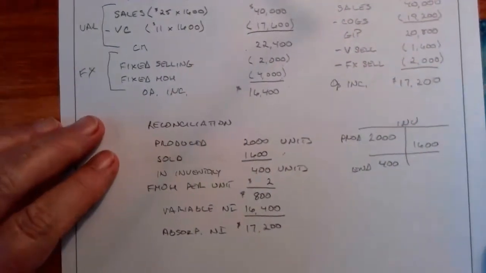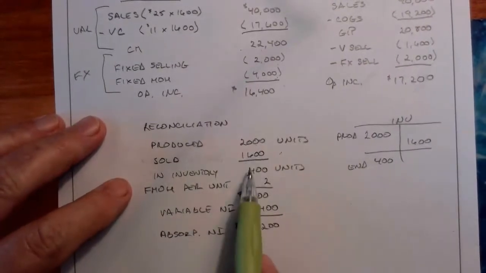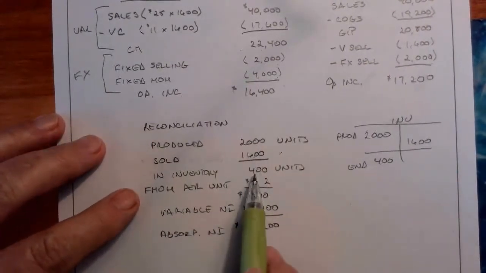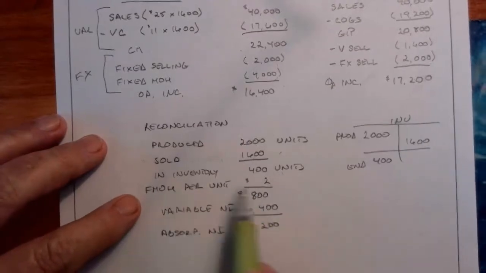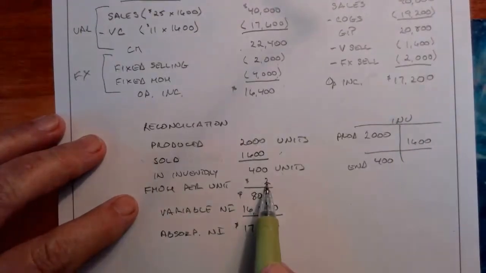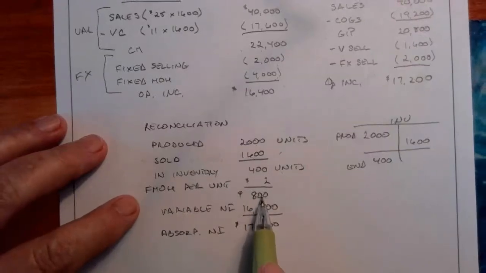Okay, so now let's take a look at the reconciliation, which you need to be able to do. We produced 2,000, we sold 1,600, so we've got 400 units in inventory. Fixed manufacturing overhead per unit is $2 per unit. So the amount of fixed manufacturing overhead in inventory is $800.